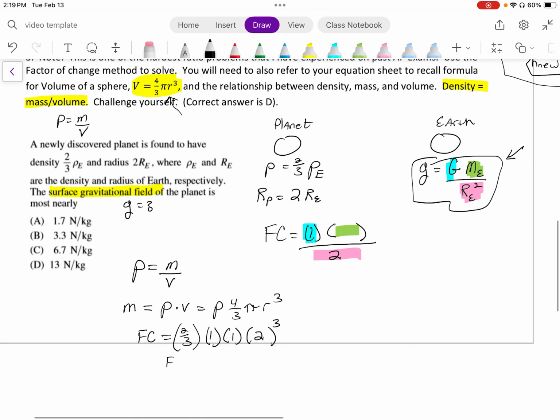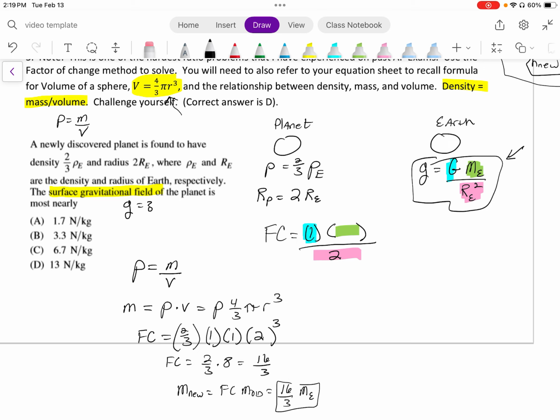The factor of change related to mass is 2/3 times 2 cubed, that's 2 times 2 is 4 times 2 is 8. 2/3 times 8 is 16/3. So the mass of the new planet is equal to the factor of change times the mass of the old planet. Well, the old planet was Earth, so it's 16/3 times the mass of the Earth.